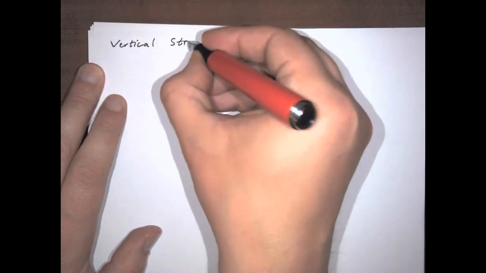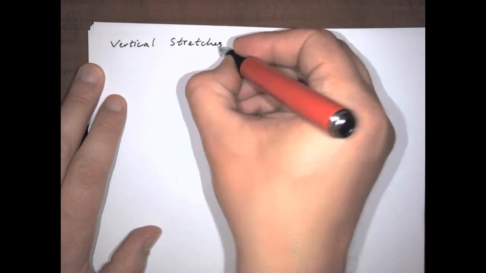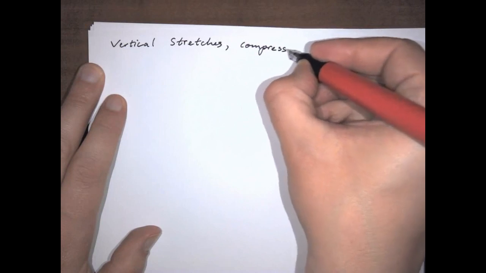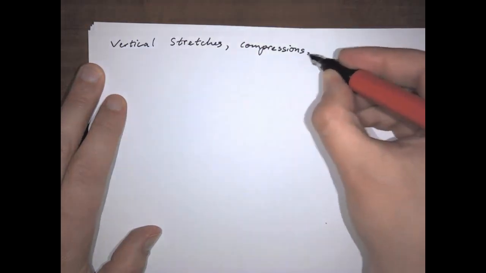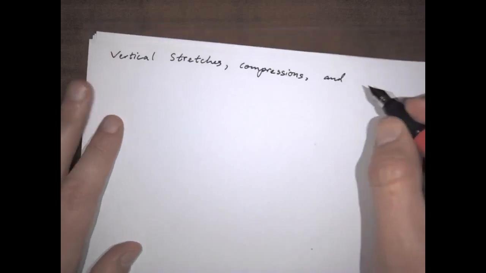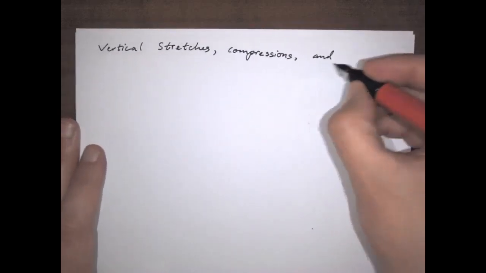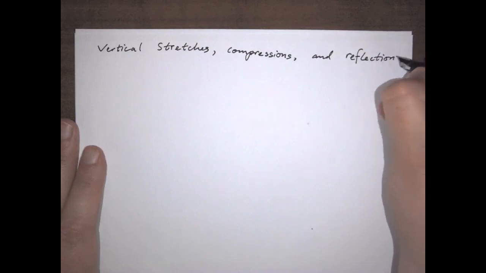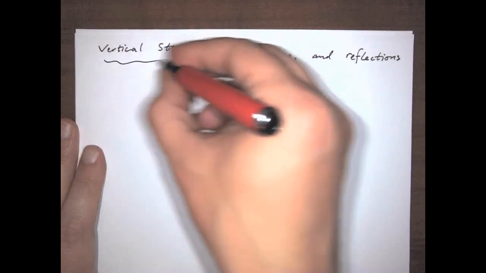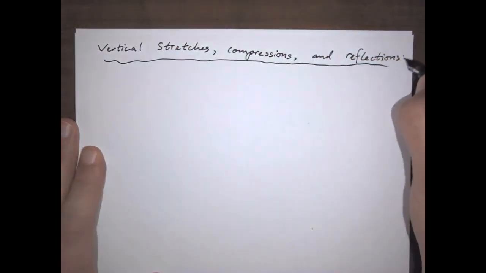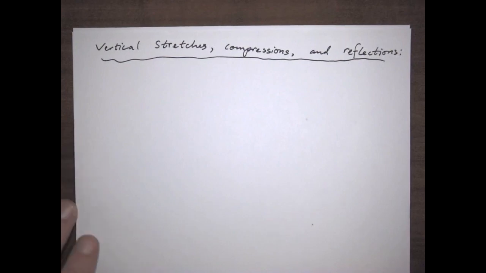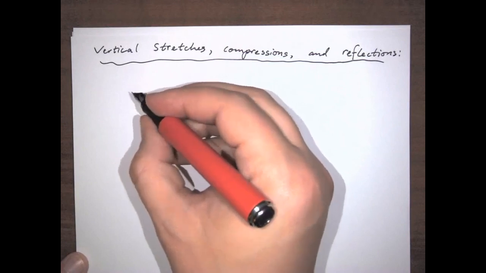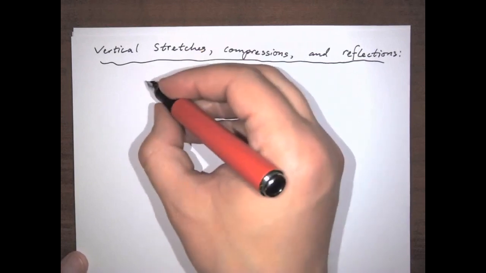So these are all the same family of transformations, and the way they happen is instead of adding or subtracting, you multiply the formula by something.